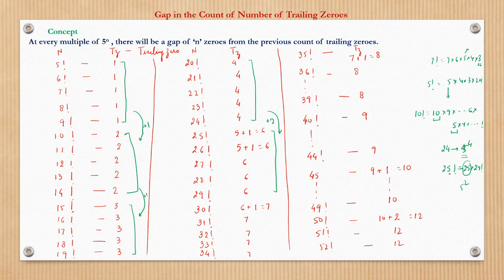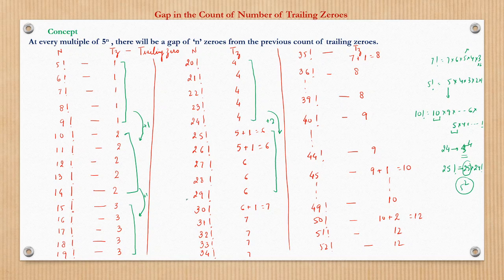So we are multiplying that additionally with another 5 square. So 25 factorial from 24 factorial is nothing but a multiple of 5 square. So we are multiplying this number with 5 square, therefore it will have two extra zeros. Two extra powers of 5, so there were two extra zeros, right?